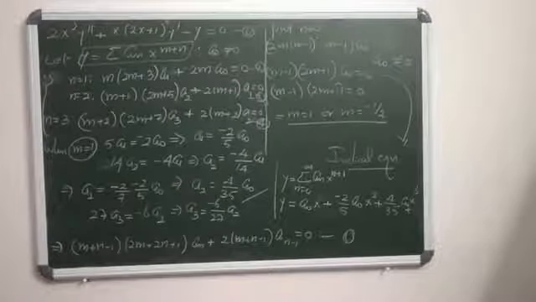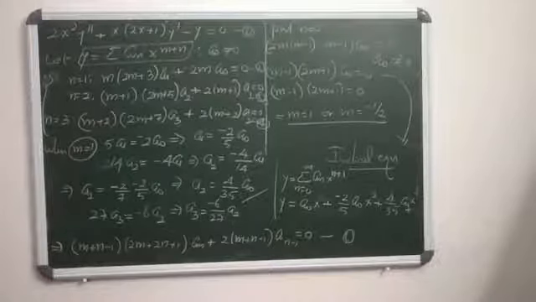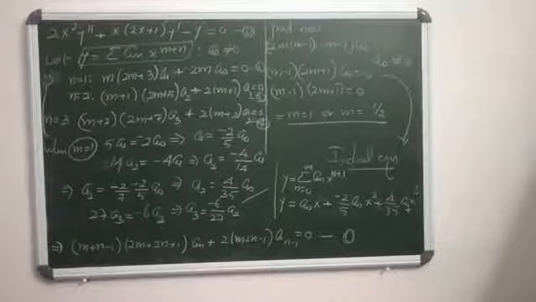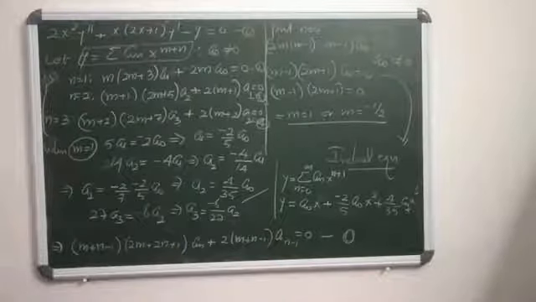After putting n equals 0 in that equation, the obtained equation is said to be an indicial equation, that is the crucial point. After solving that indicial equation, you have 2 or 3 values for m. Then putting those values of m in the modified equations, you have 2 different solutions for the given second order differential equation. So this is the method to find the power series solution of a second order differential equation.